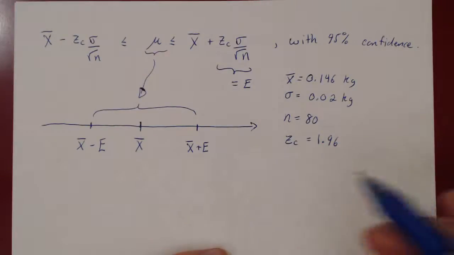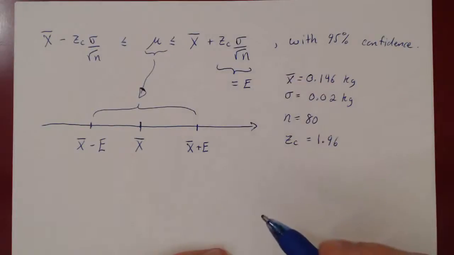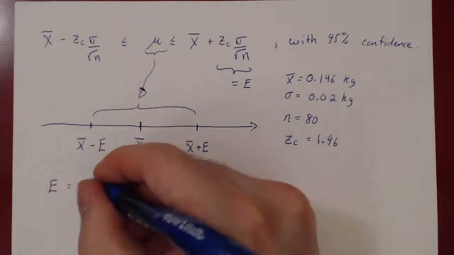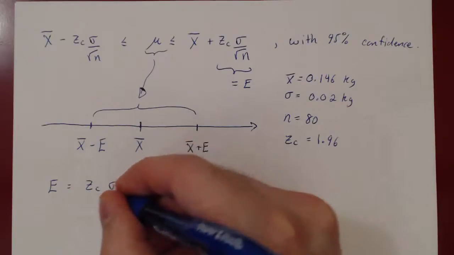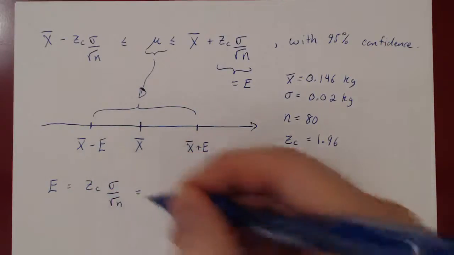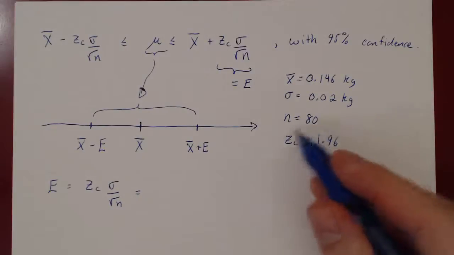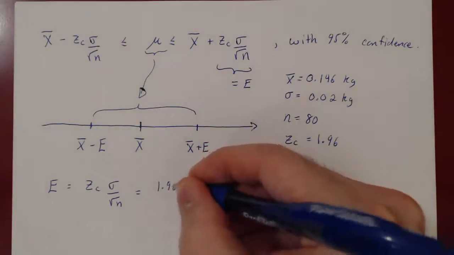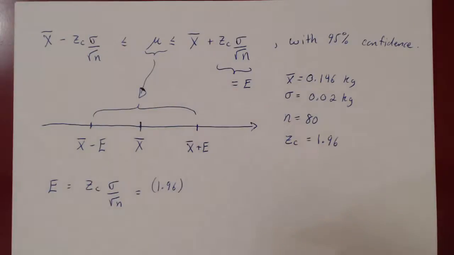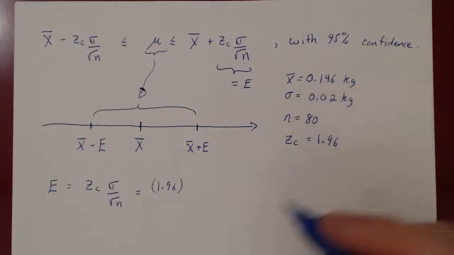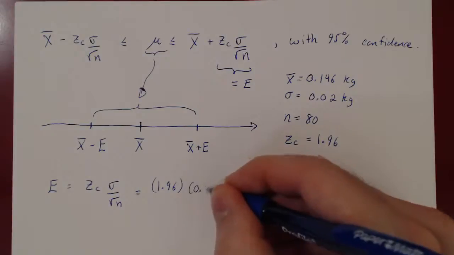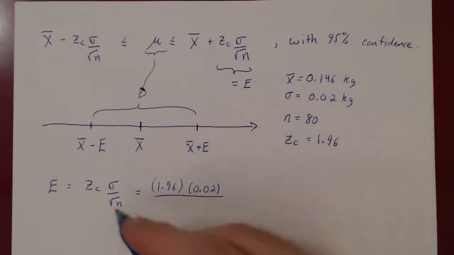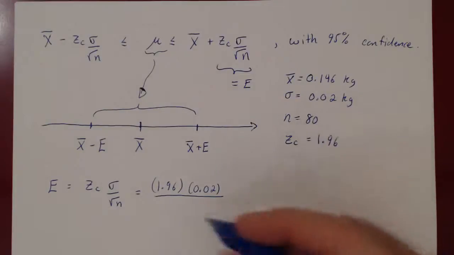Well, all we need is to find the error. So let's find the error. The error is the critical z-score times sigma over the root of n. So let's plug in. The critical z-score is 1.96 times sigma, 0.02 kilograms, divided over the root of n, the root of 80.